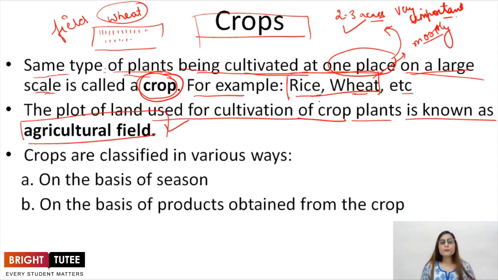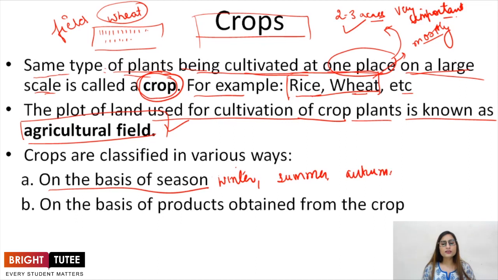Now students, crops are classified in various ways. Basically, we can classify them in various ways. The first way is on the basis of season. Students, in every season you cannot grow the same kind of crops. It depends whether the season is winter or summer or autumn.